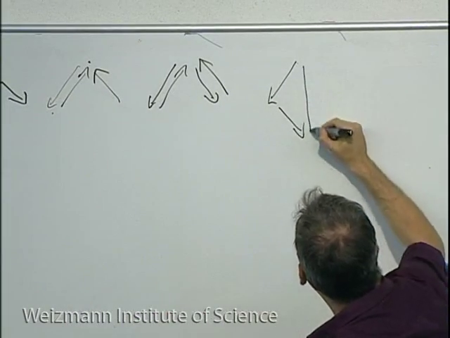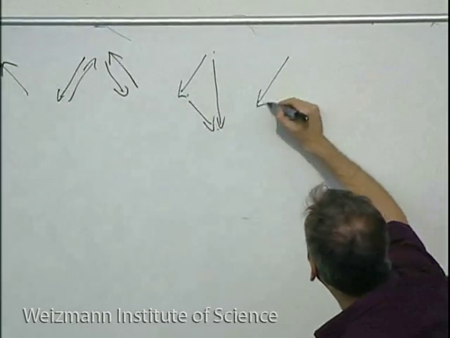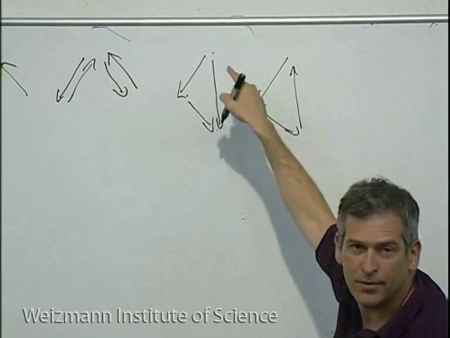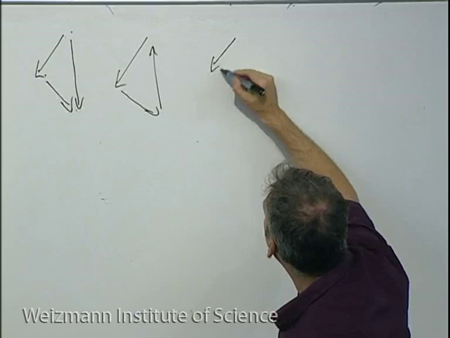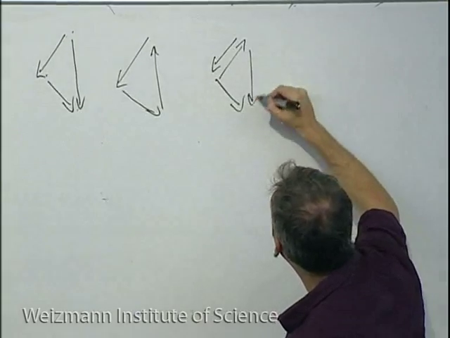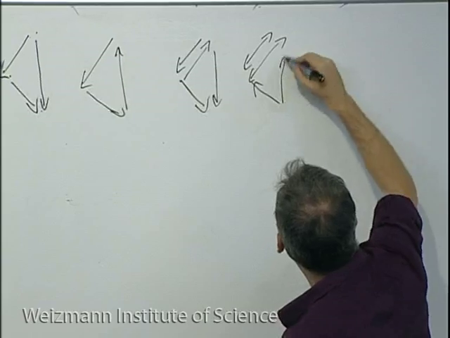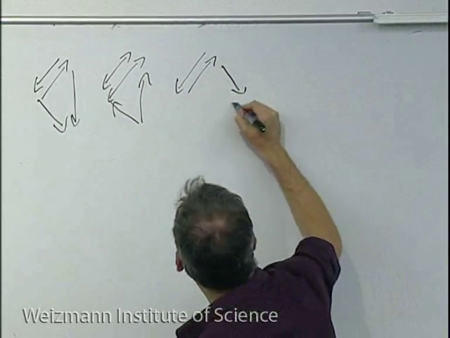All right. And what about this? And this? This is a cycle. This is not a cycle. And this. This. This.